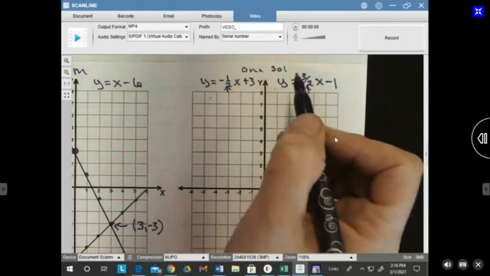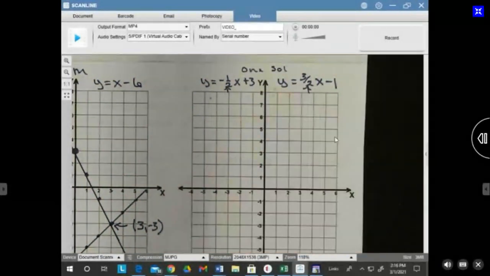One solution. Is that always because, if it's 2 different slopes, it's always going to be one solution? If it's the same slope, it's going to be infinite or none.